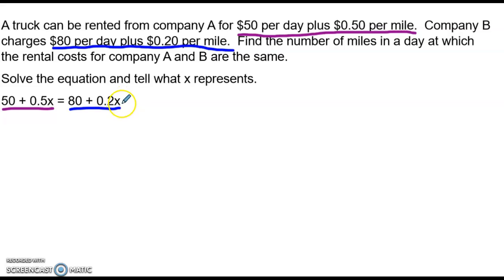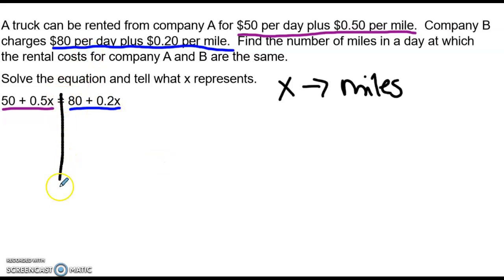Well, we kind of already know what x represents just based on how it's read. It says 50 cents per mile and 20 cents per mile. So I already know that x represents miles. And now I'm going to go ahead and solve my equation. I'm going to draw my line down the equal sign and I'm going to box off my letters.